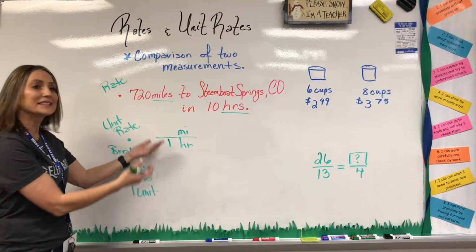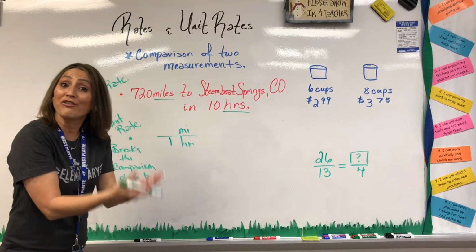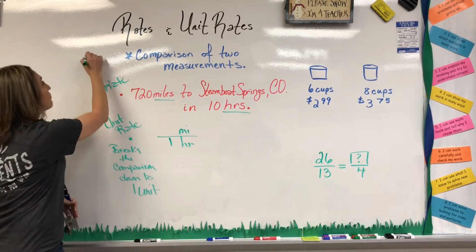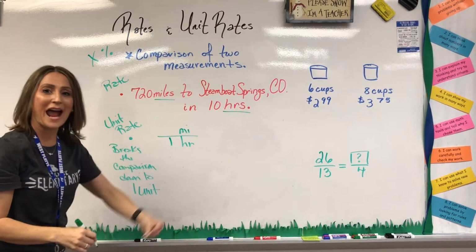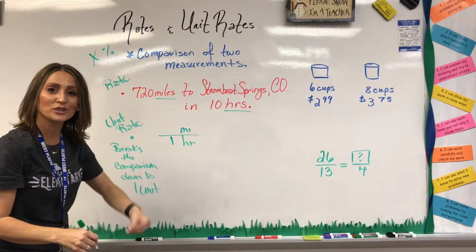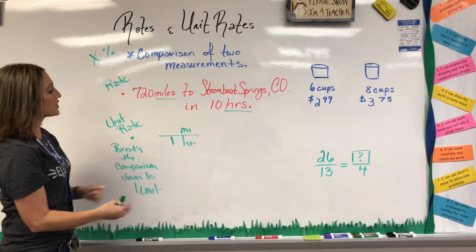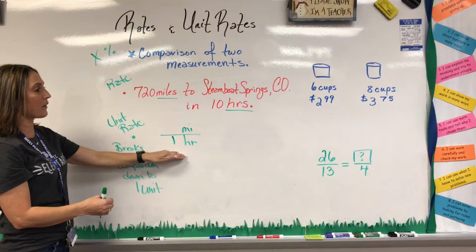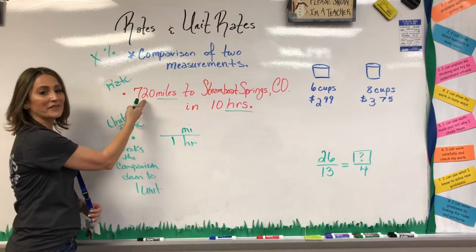And if you look at this, this now looks like our ratios and they look like our fractions, using multiplication and division to solve for fractions, ratios, rates, and unit rates. So I would ask them, you said you could tell me how many miles I went in 1 hour. They know they're just going to divide 720 by 10.